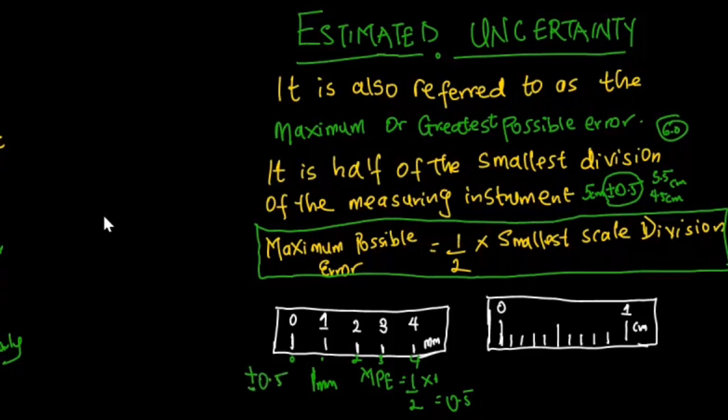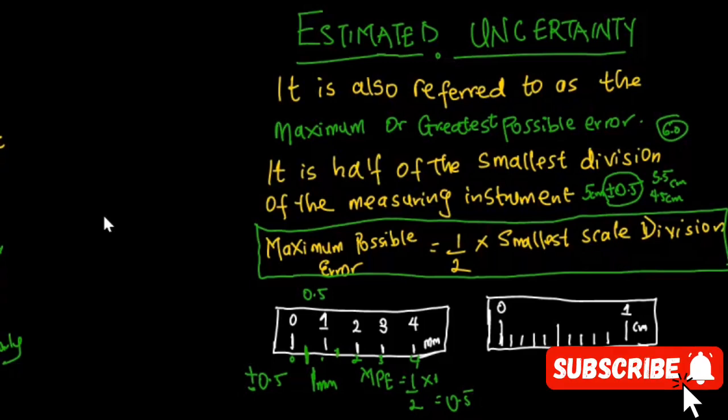So what does that mean? If you remember, when I explained reading accuracy, I told you that reading accuracy is just that possible value you can get when reading your instrument. So in this case, let's say we have an object here. It's either I read from here 0.5, or this 1. If I have something, this is going to be 1.5. So I can't have something as 1.58.